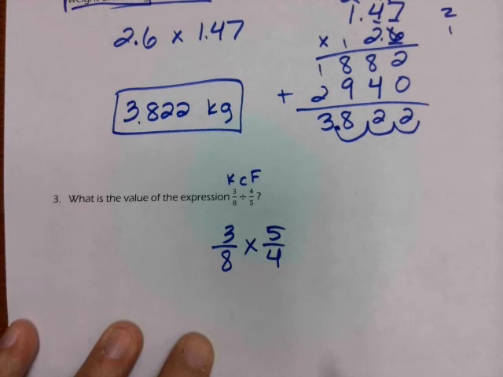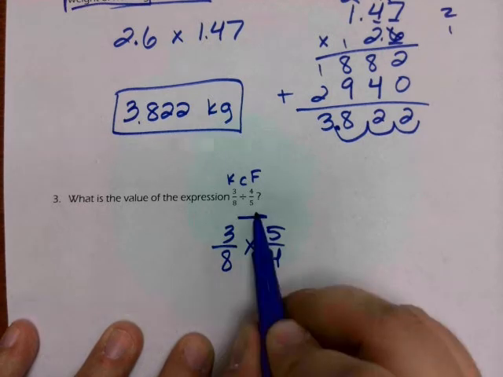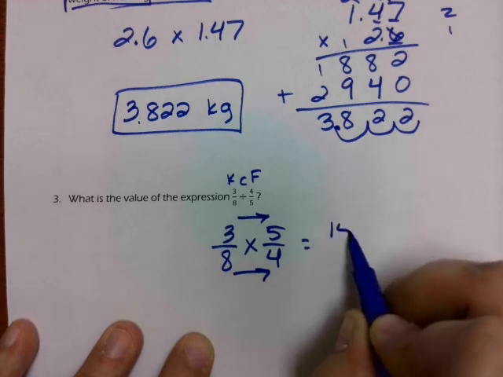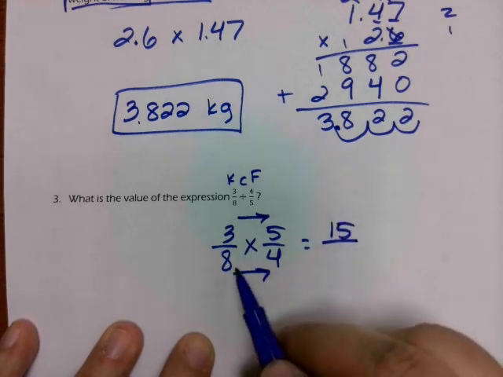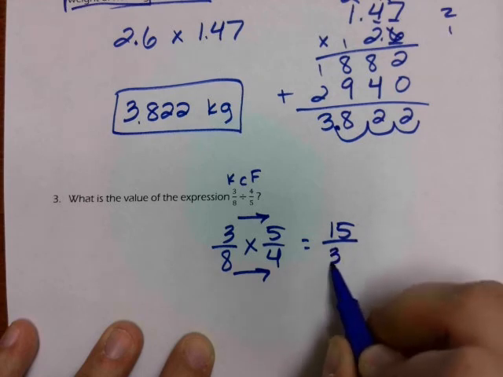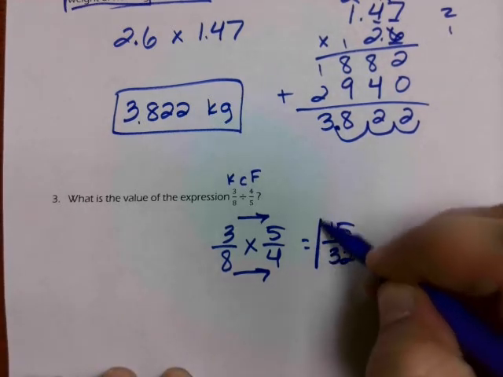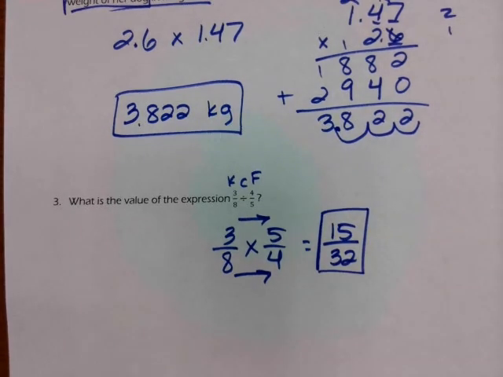And now that it's multiplying, I can just go straight across. 3 times 5 is 15. And then 8 times 4 is 32. And that's it. That one can't be simplified.